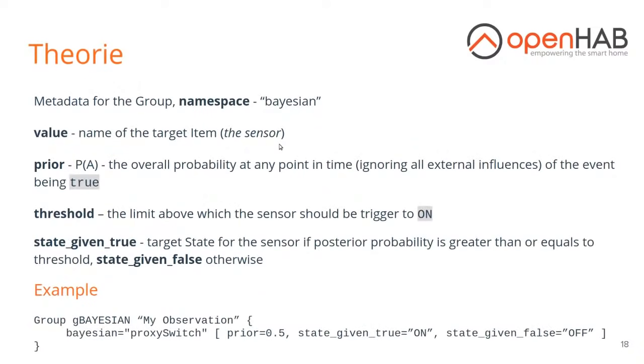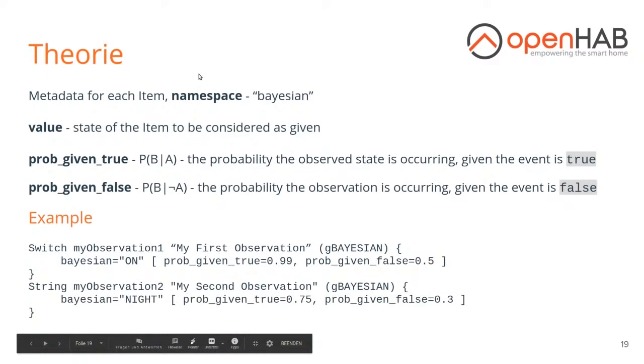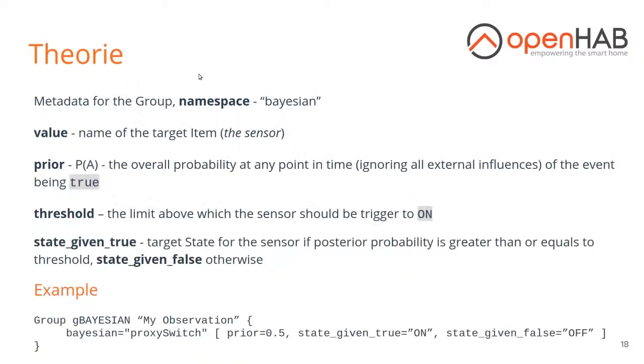Now let's have a look at the group. Later, I will show, or you see it at the bottom of the page, there is a group definition, and it has the metadata namespace Bayesian. The value of the metadata namespace is the name of the target item, the sensor.